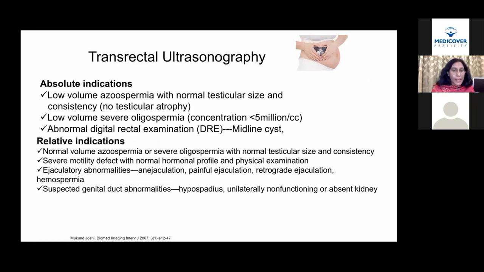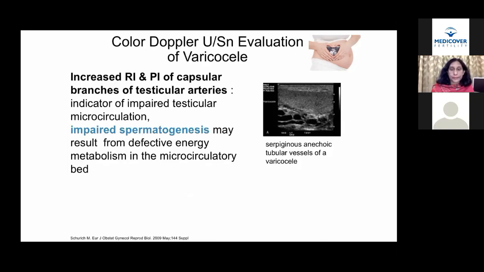And there are some other relative indications like normal volume azoospermia or severe oligospermia with normal testicular size and consistency, severe motility defect in the semen test, ejaculatory problems, painful ejaculation, retrograde ejaculation, hemospermia, suspected genital duct abnormalities, hypospadias, or unilateral non-functioning or absent vas.